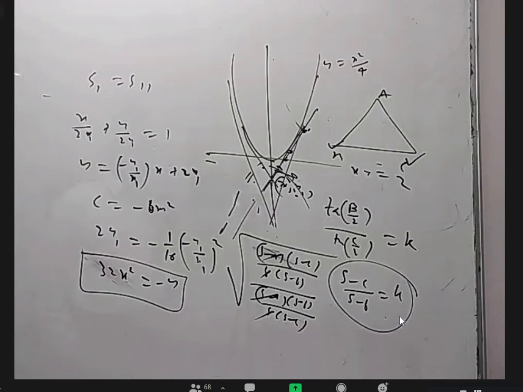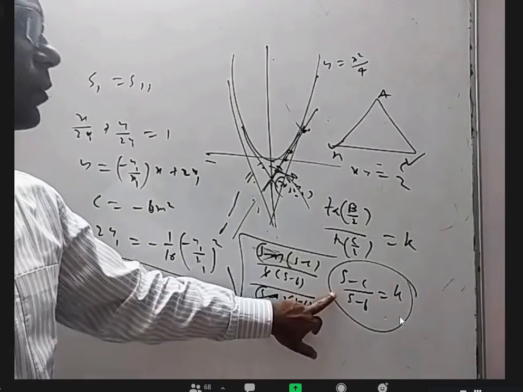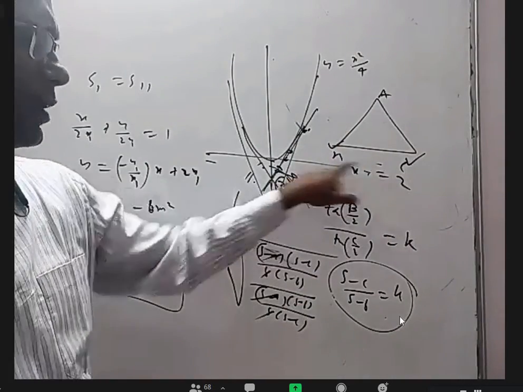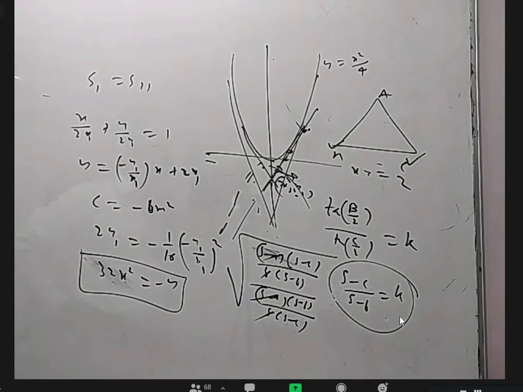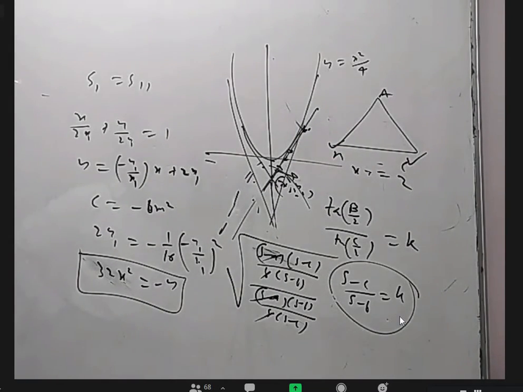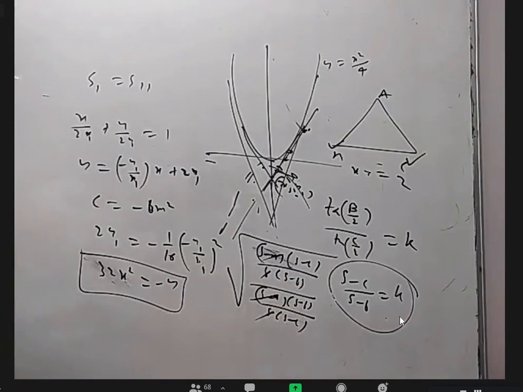If it is a hyperbola, I have to just prove PA minus PB is constant. With this, can I prove that BC is fixed and C minus B is constant? Can I prove that? If I do componendo and dividendo of this, what will come?